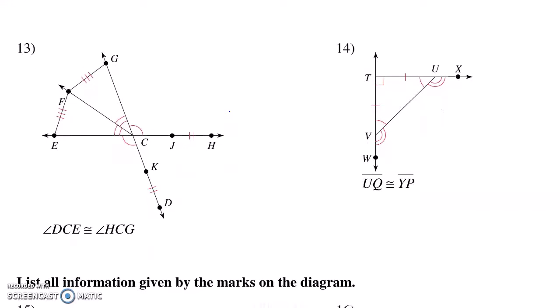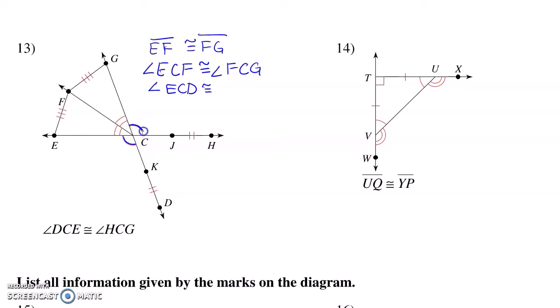Oh, there's a lot in 13. So I'm looking at EF is congruent to FG, angle ECF is congruent to angle FCG because they both have the double arc, and then angle ECD, that's this one here, is congruent to this angle here, which is DCJ, or I could have also called it GCH.